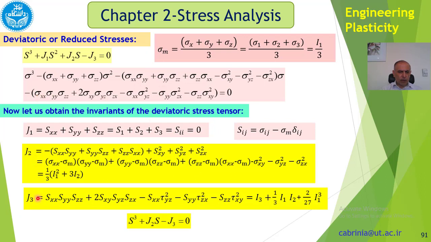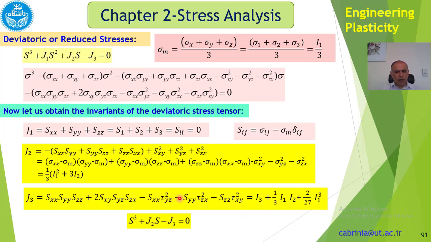J3 is, instead of sigma, put S, Sxx, Syy, etc. and use this one again here. For Sxx, we put sigma xx minus sigma m. For Syy, we put sigma yy minus sigma m, etc. If you substitute for all of these from here, then of course this tau yz to the power of 2 is also S, but because it's equal to sigma yz, I have written here tau.